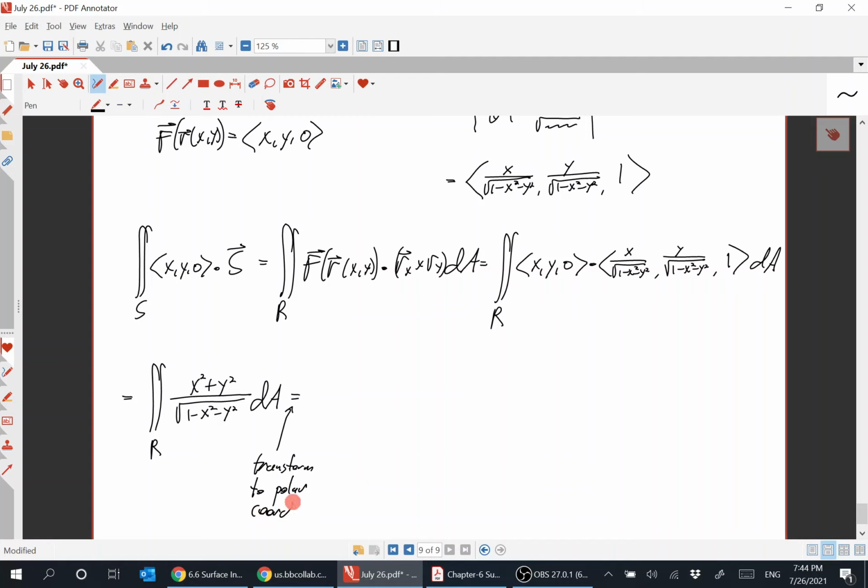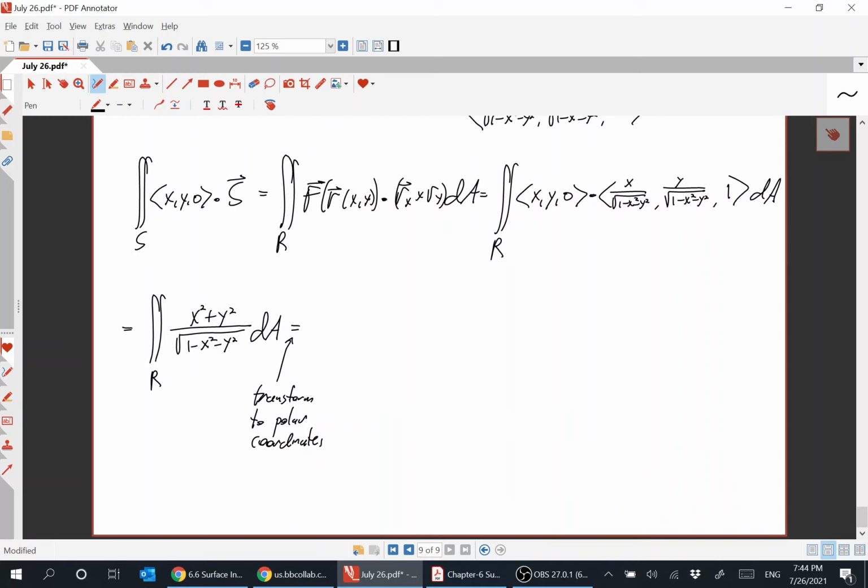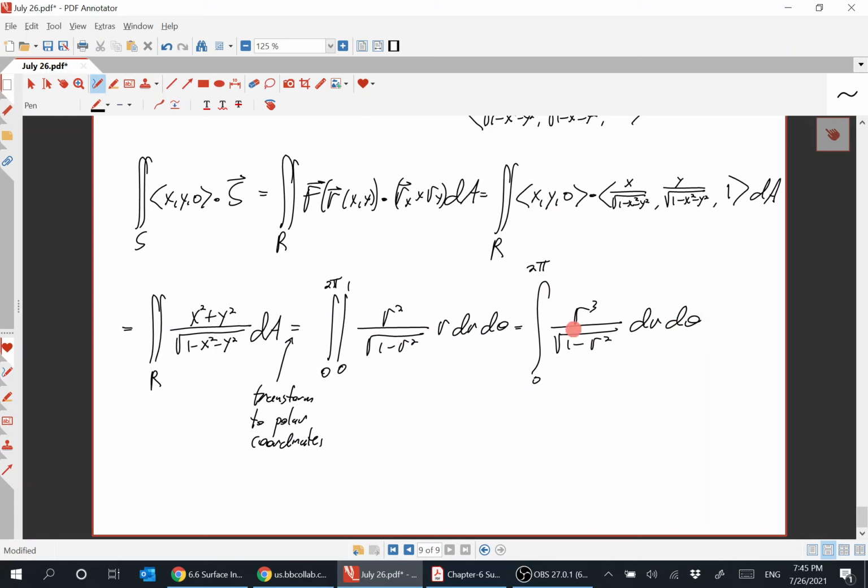Oh, but it's still a nasty one. It requires a trigonometric substitution. So it's the disk of radius 1. So this is r squared over square root 1 minus r squared, r dr d theta. So it's the integral from 0 to 2 pi of r to the third over... So that requires a trigonometric substitution, which I'm not going to do.